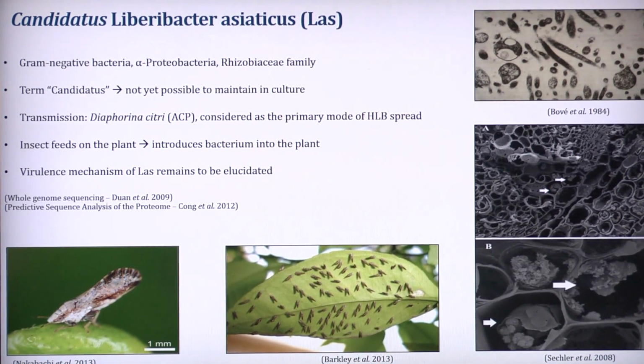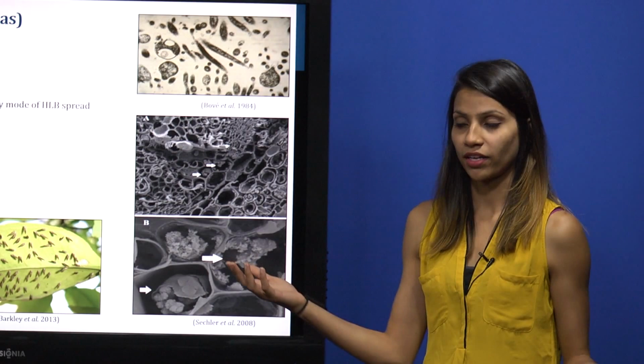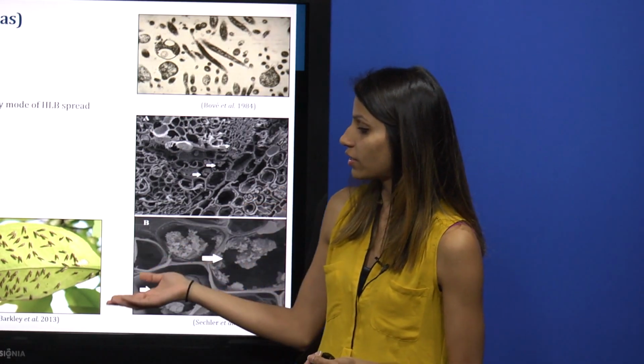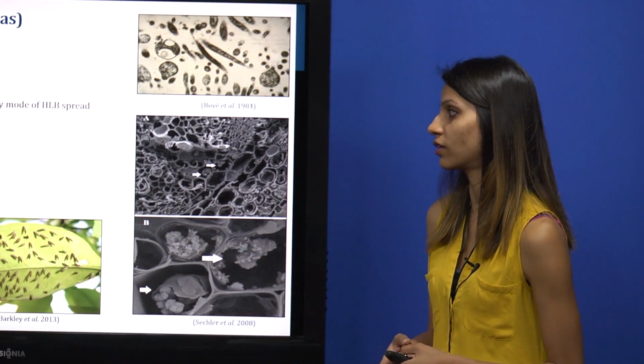So basically the phloem tissue of a plant is like your veins or arteries, which provide nutrients to other parts of your body, and similarly the transport of nutrients happens through these tissues.